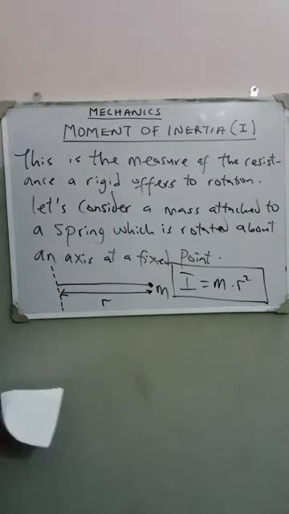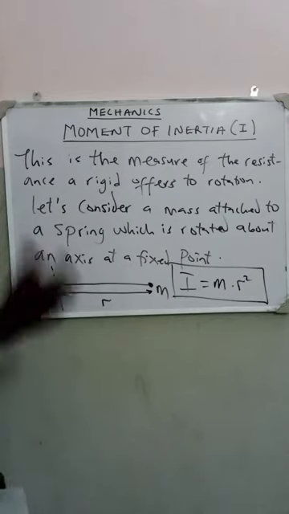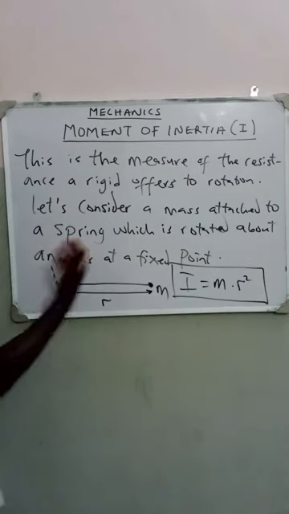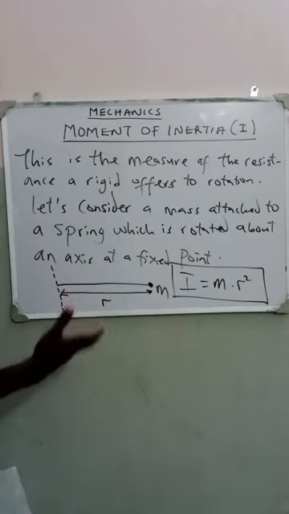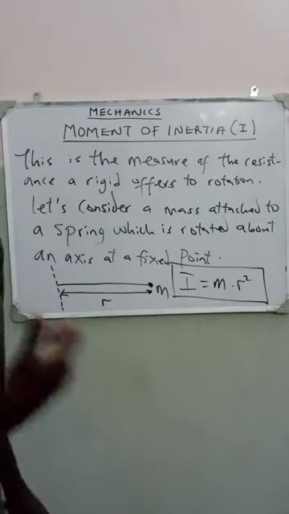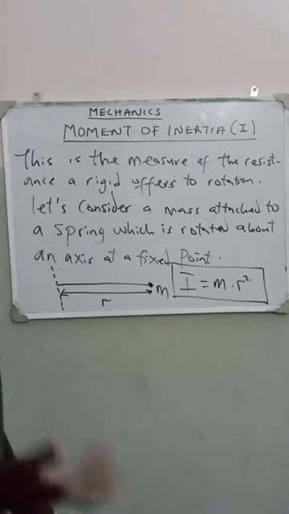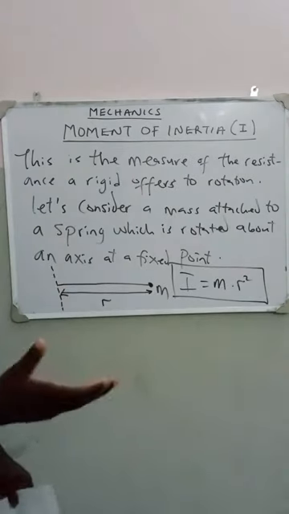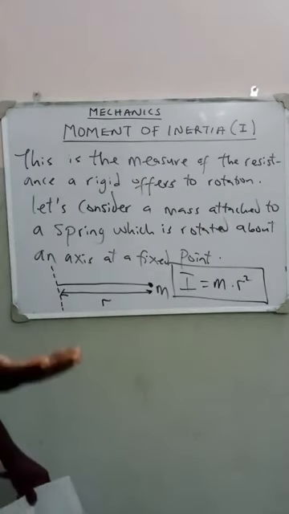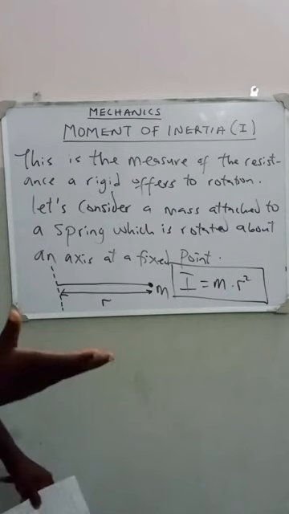Okay. Let's consider a discrete system of particles. That is, we know their number. Considering a discrete system of particles, how do we calculate the moment of inertia? That is, for instance, a system that contains maybe 2 masses, 3 masses, 4 masses, 5 masses.